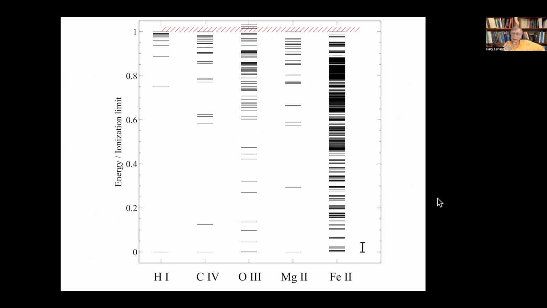This is the other way of plotting this information. This is an energy level diagram, sometimes called a Grotrian diagram. It shows a number of different species, ordered by increasing number of electrons, from one-electron hydrogen, and then we see iron 2 over here on the far right. The horizontal lines here are the energy levels for the electrons.